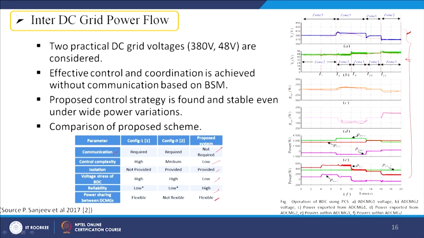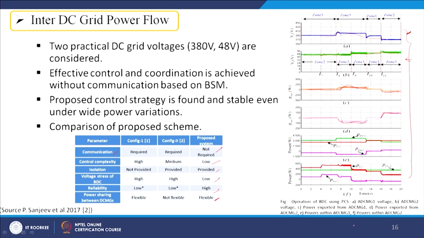So, we can see this is kind of a mirror image. When they are both operating at 0 and suddenly there is a requirement, then DC microgrid 2 receives the excess power from microgrid 1, and when there is excess in microgrid 2, it is absorbed by microgrid 1.